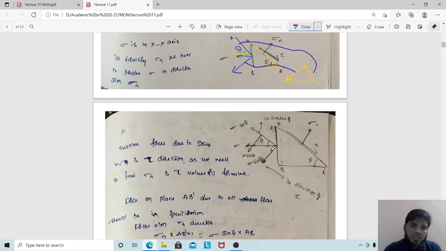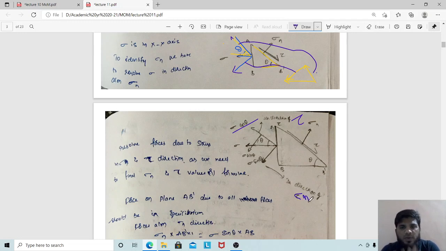Now since this theta is next to this angle, this is obviously called cos theta. Similarly this side is going down, and this side and this side are parallel, so this is nothing but sigma sin theta. This is in the direction of sigma, whereas this is in the direction of tau, and this is in the direction of sigma n.